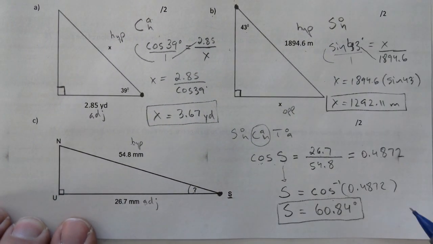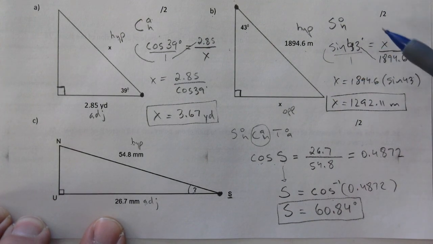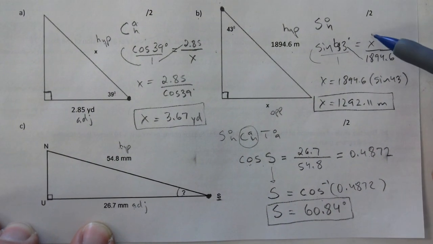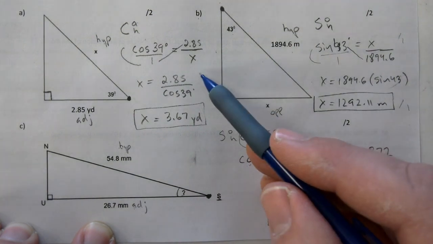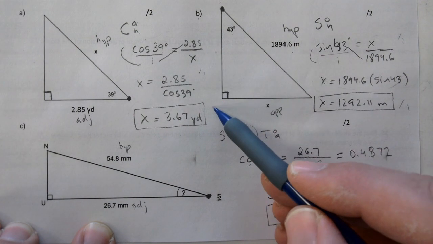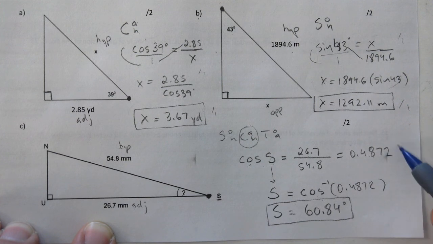Okay, so 2 marks for everything, right? So again, here, going back to B, setup and solving is 1, and answer is another 1, right? Same for this one, work is 1, answer is 1. Here again, work and setup is 1, answer is 1.